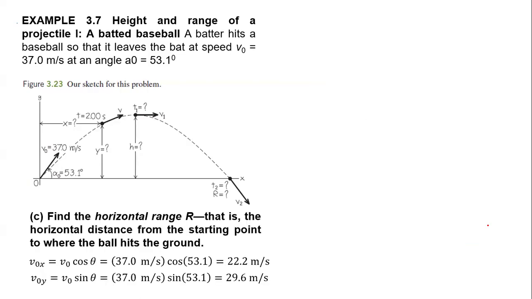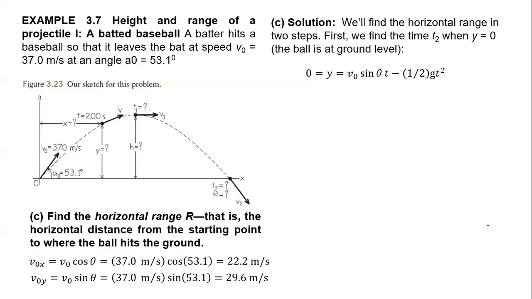So the other question is find the horizontal range, that is the horizontal distance from the starting point where the ball hits the ground. Okay. So we'll find the horizontal range in two steps. First is that we find the time t2. So you need to find first the time when y is equal to 0, because the ball at this time is already on the ground.